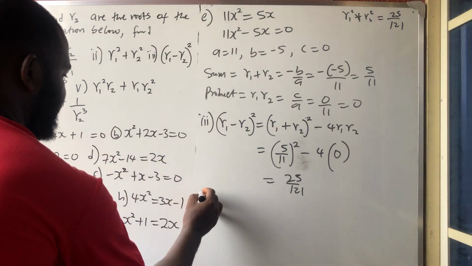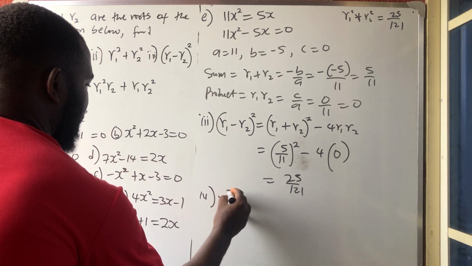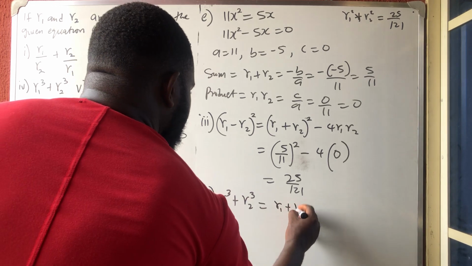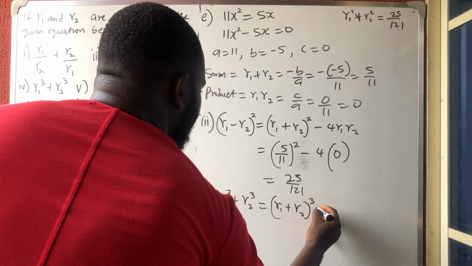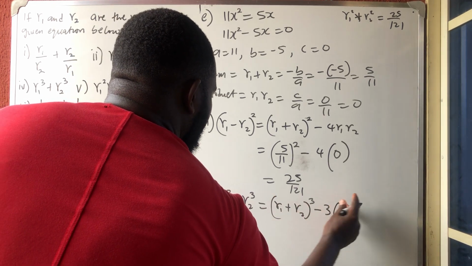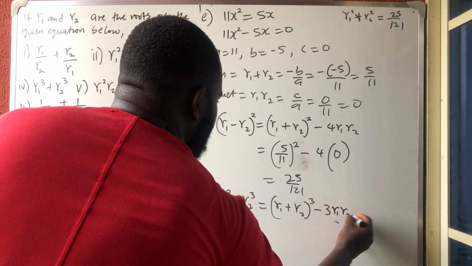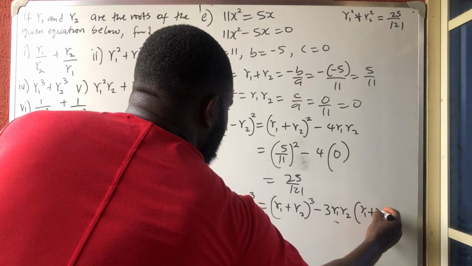So the next one, iv, said r1 cubed plus r2 cubed, which is r1 plus r2 all cubed minus 3 r1 r2 into r1 plus r2.